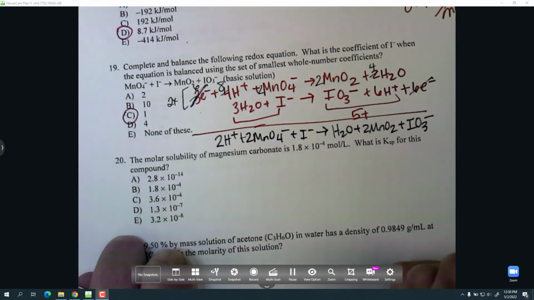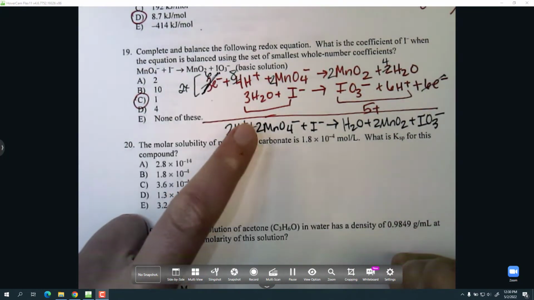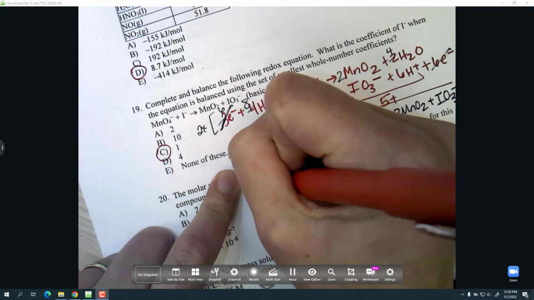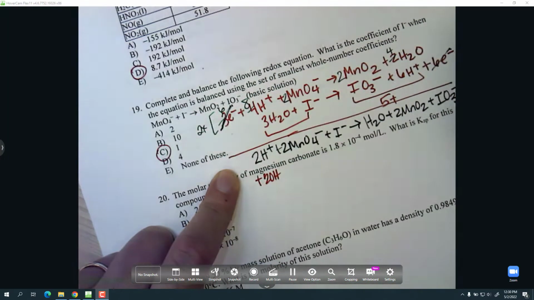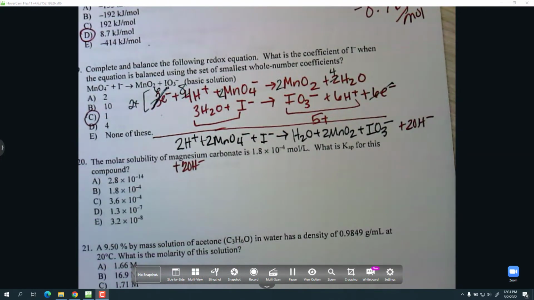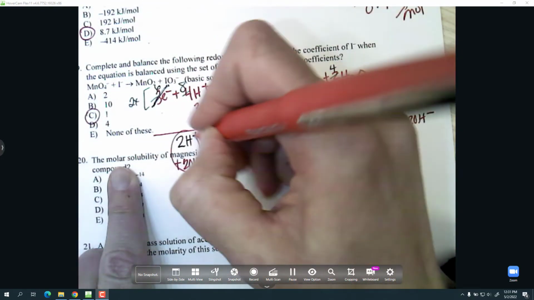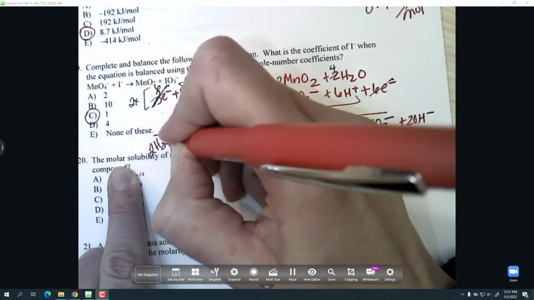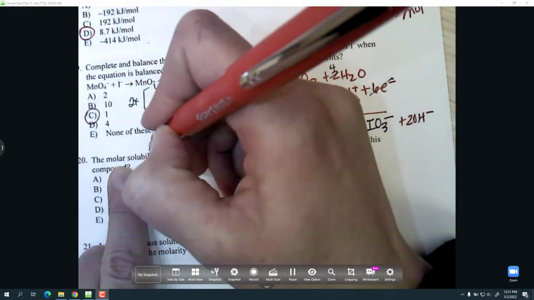But just to remind you of how I would change it to basic solution, remember I need to get rid of all the hydrogens by adding enough OHs to get rid of the hydrogens and do it to both sides, because now we're balanced, so anything we do to one side has to be done to the other. This would become 2 waters, and then that would cancel with this water.